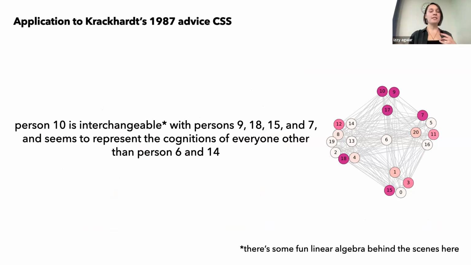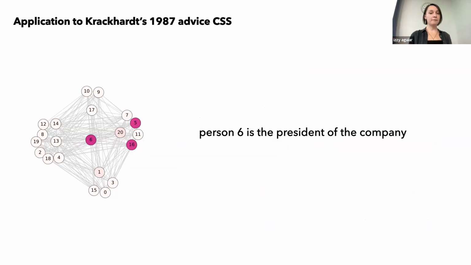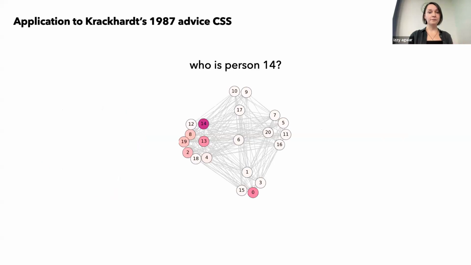And he seems to represent the cognitions of everyone other than person 6 and person 14. Person 6 is the president of the company, so the people who share a relational schema with person 6 are viewing their advice network similarly to that of the president. But person 14 is a little more elusive as to who he is or why he might be capturing some different relational schema than the other two groups.